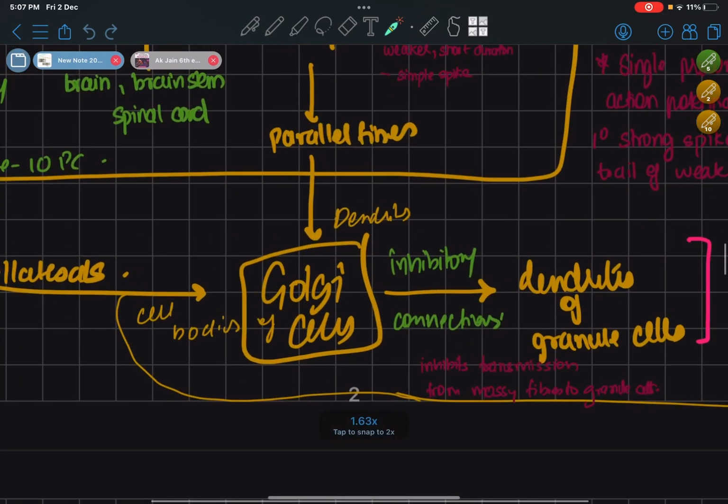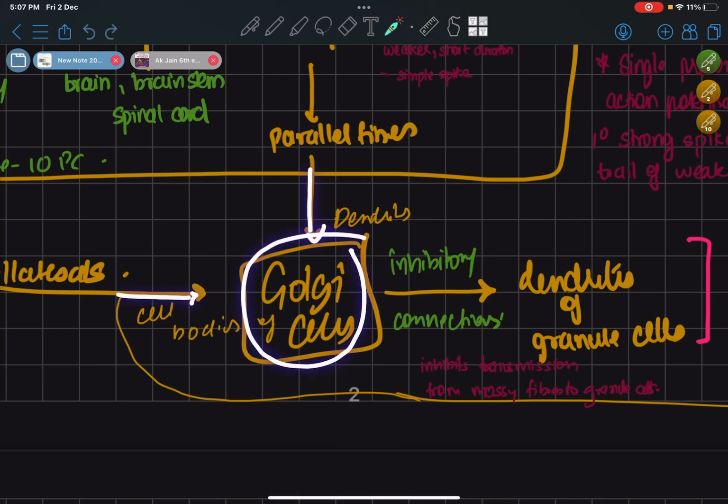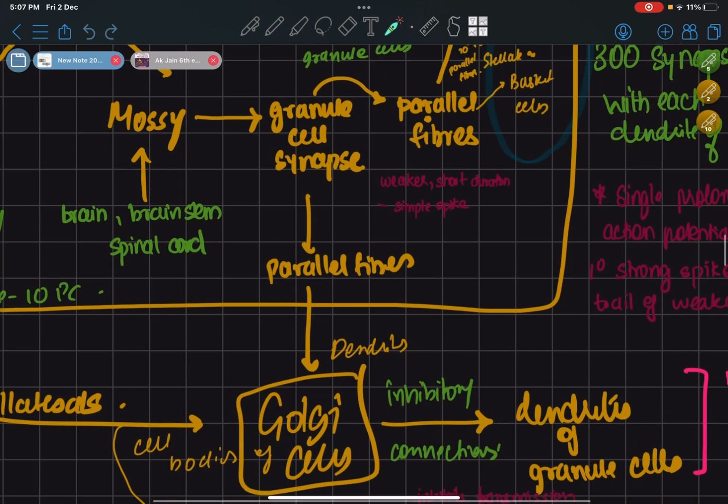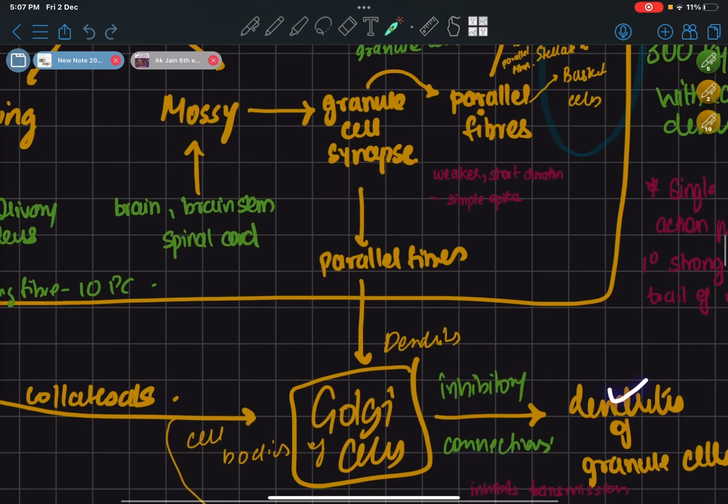Because of this effect, the Golgi cells make inhibitory synaptic connections with the dendrites of the granule cells itself. It is getting input from granule cells, and it is inhibiting the granule cells. Because it is making inhibitory connections with the dendrites of the granule cells, what is there at the dendrites of the granule cells?